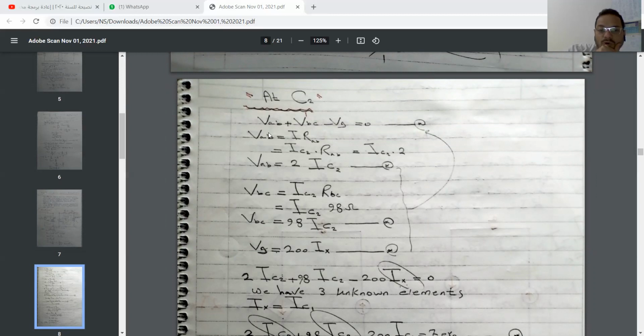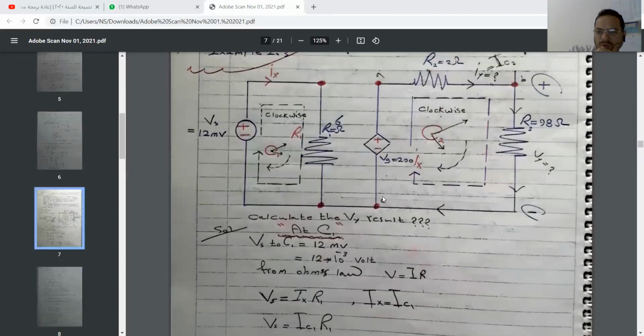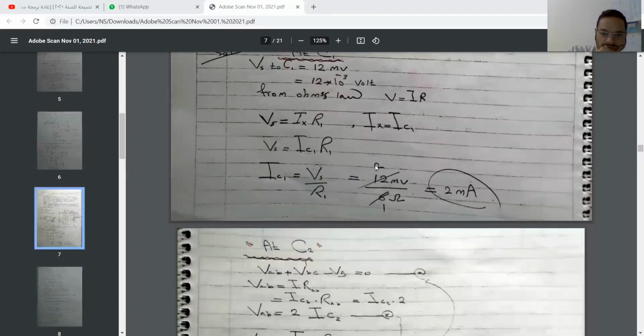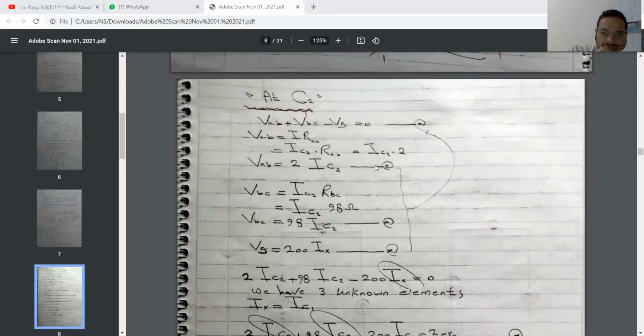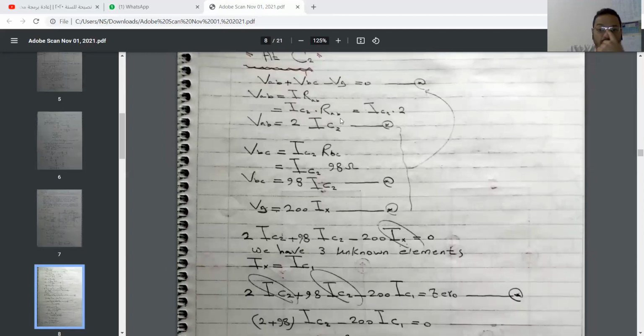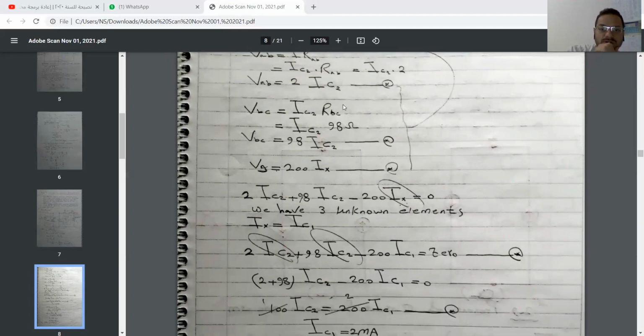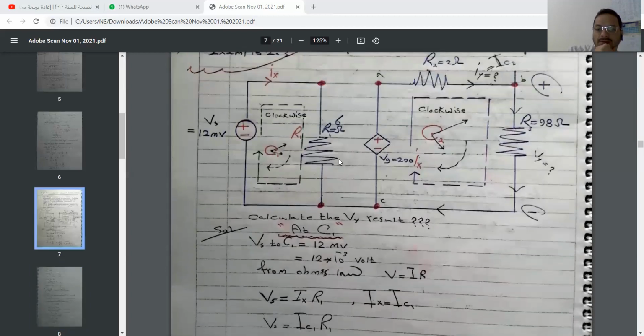Now let's work on VAB equal from Ohm law IR AB, or we can say R2. Let's put it here. IC2 or AB or R2. It's easier. R2, I will say. VAB equal to IC2. Now let's work on VBC.